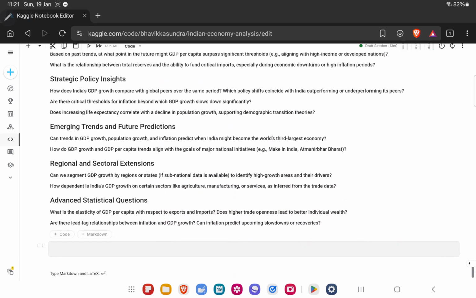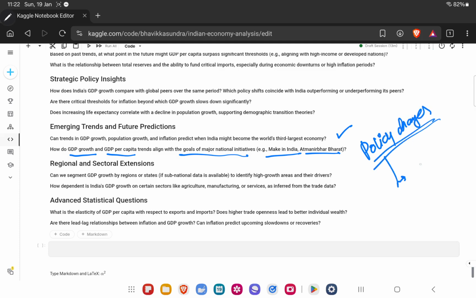We can also look at emerging trends and future predictions. How do GDP growth and GDP per capita trends align with the goals of major national initiatives like Make in India and Atmanirbhar Bharat? Here we will account for policy changes and how these policies impact the economic indicators.